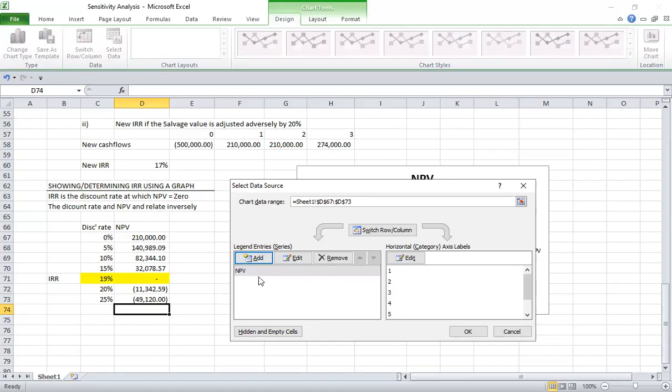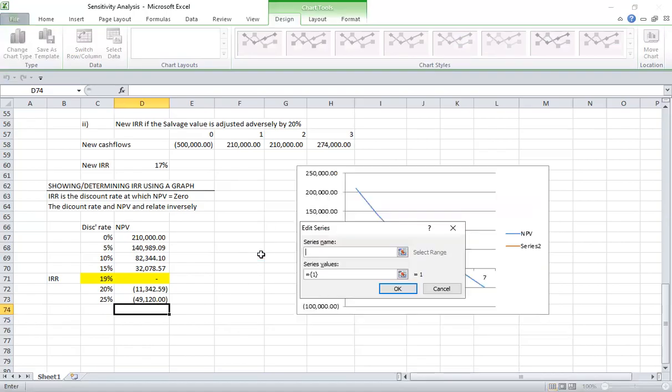Now, sometimes what you are plotting could be two or more variables. Like you can have NPV, you can have profit, and so on that you are plotting against this discount rate. If you have two or more variables, then you'll again just come and click add again, maybe this could be profit, and then you pick the values for profit.